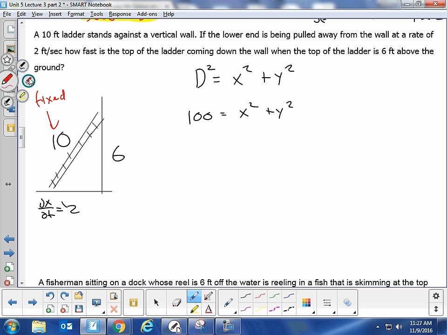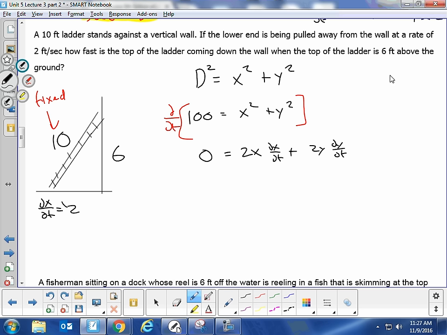Nothing else is fixed, so I'm ready to just take the derivative of this. Again, the derivative of 100 is just 0, or if you had it as 10 squared. The derivative of x squared would be 2x dx/dt. The derivative of y squared would be 2y dy/dt.